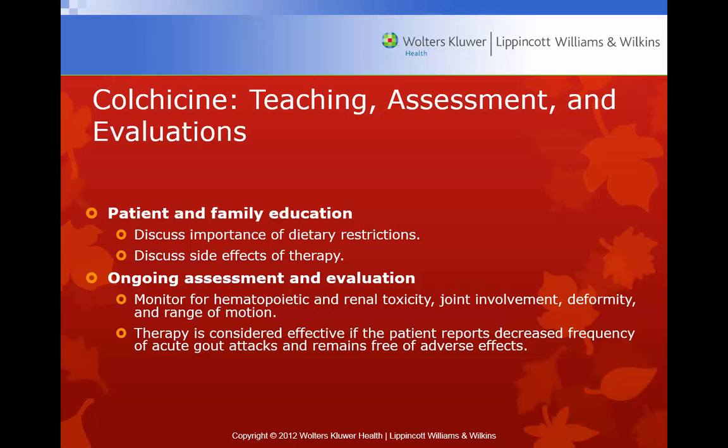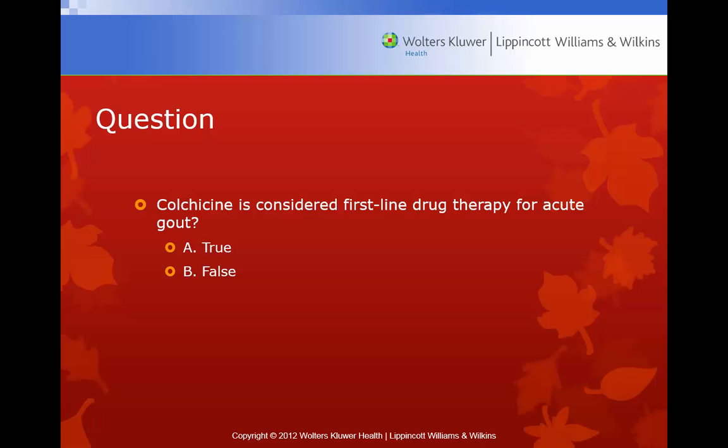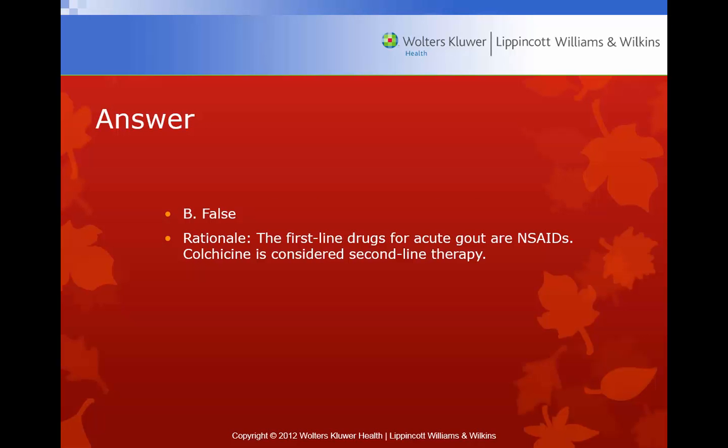Therapy is considered effective if the patient reports decreased frequency of acute gout attacks and remains free of adverse effects. Colchicine is considered first-line therapy for acute gout. And that would be false, because first-line therapy is NSAIDs.